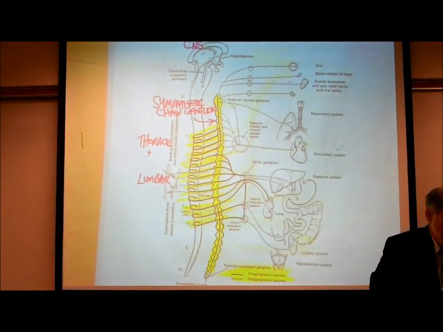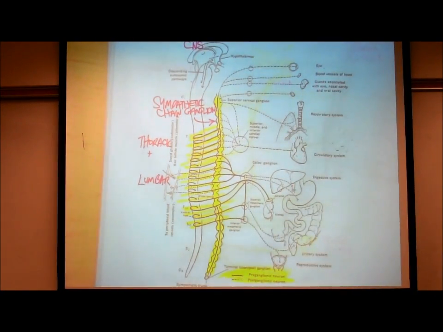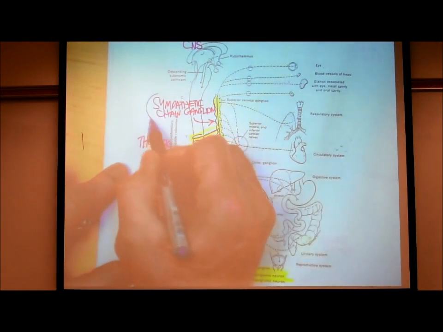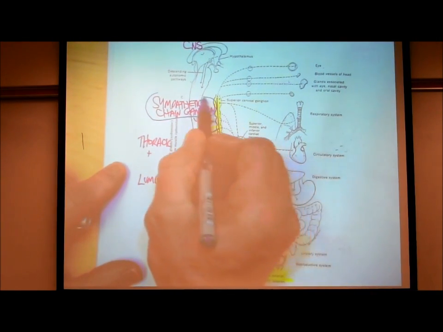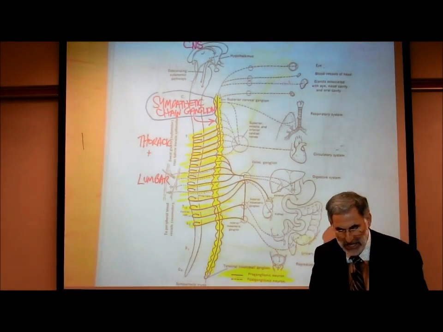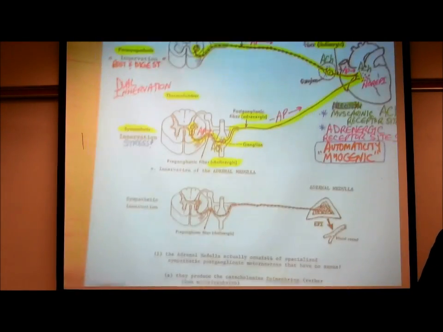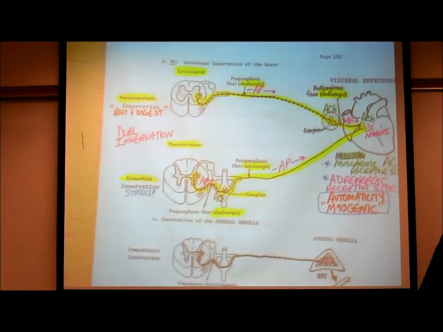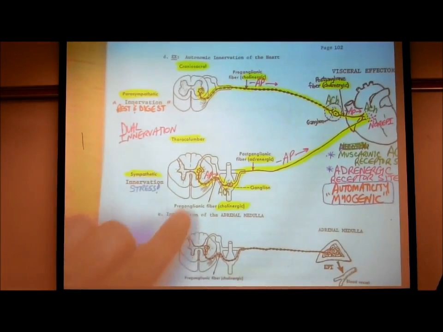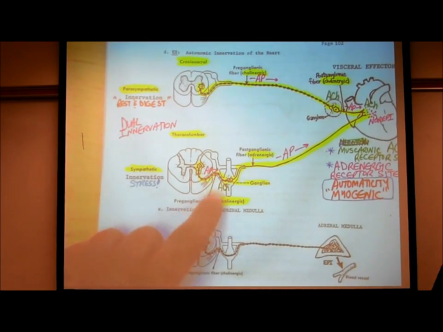So I want to show you a couple pictures of what we're talking about here, the sympathetic chain ganglion. This is more anatomy than physiology, but there is an anatomic reality that we wanted to point out. Let's look on page 102. On page 102, this is the picture we were learning. This one feels pretty comfortable. So here it shows the sympathetic innervation.